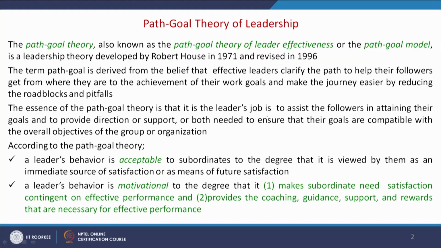According to path goal theory, there are two perspectives that have been considered. The first is the acceptability perspective and the other is the motivational perspective of the leader. The acceptability perspective of this theory is that a leader's behavior is acceptable if the subordinates agree that the leader is the immediate source of satisfaction or a means of future satisfaction.